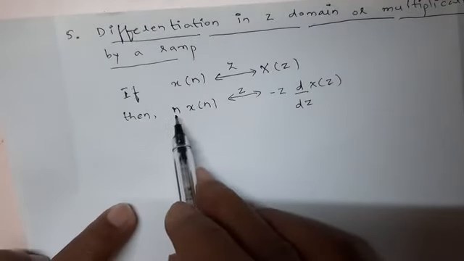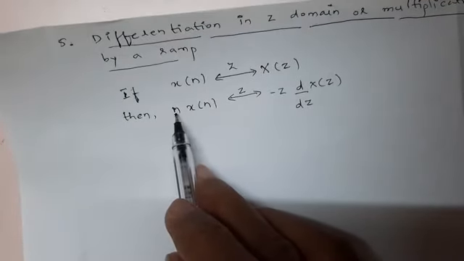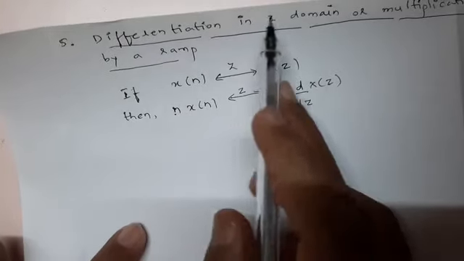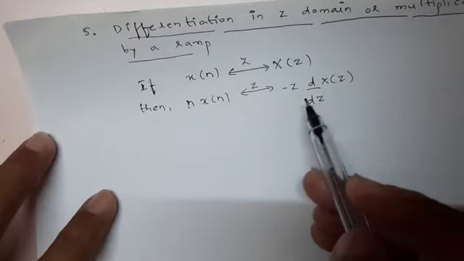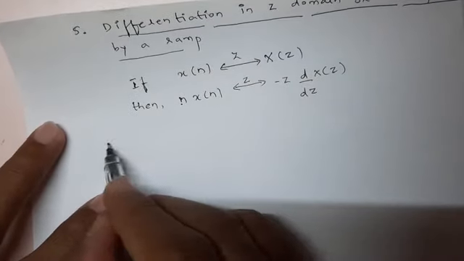So multiplication by ramp, n value, what is n? It is n. Differentiation in z domain means d by dz X of z. Either of these. So how to prove this?